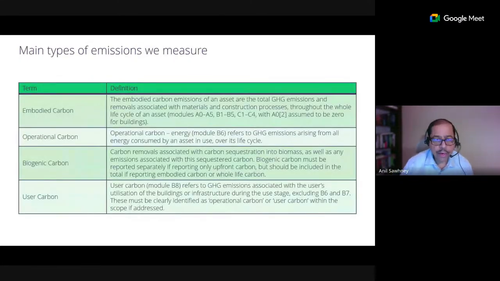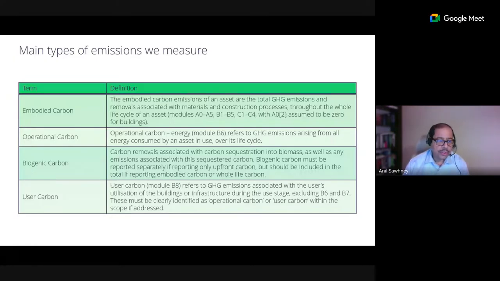Okay, so before I move any further, I'm going to define the important categories of emissions that we are going to be calculating using our LCA, WLCA. The first type of emission that we need to understand is called embodied carbon or embodied emissions.